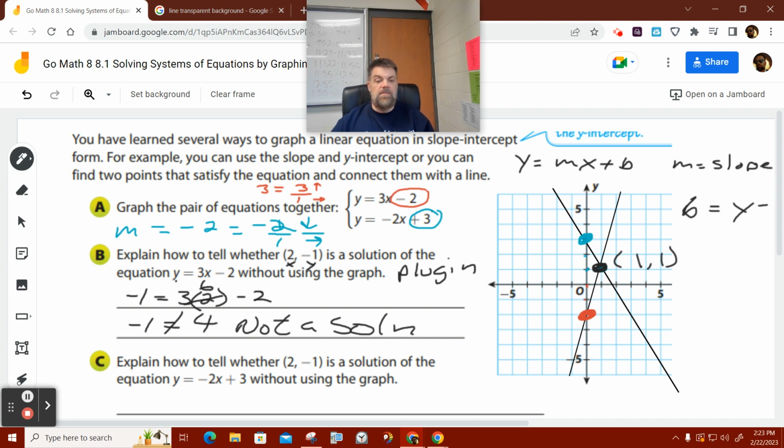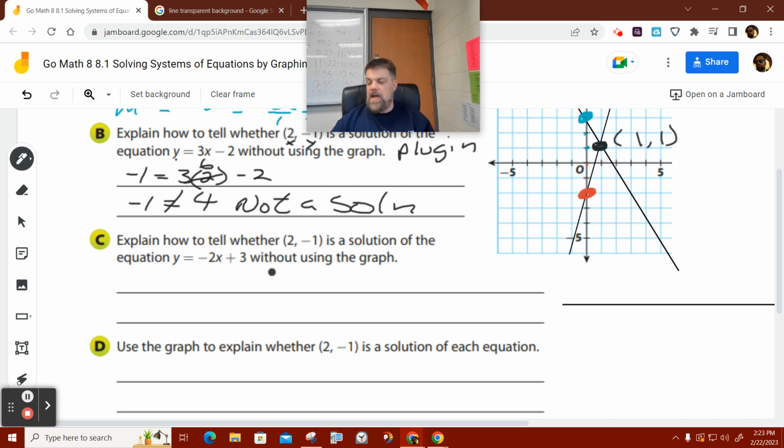So let's move on. It says, explain how to tell whether 2 comma negative 1 is a solution for this graph, y equals negative 2x plus 3. Again, this is an x value. This is a y value. I'm going to take this equation.